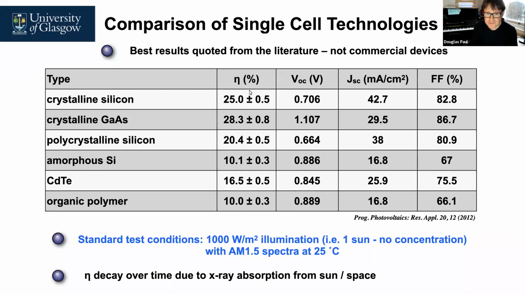So silicon has a conversion efficiency of about 25%. So remember our 1000 watts per meter squared. With 25% conversion efficiency, it means that we get 250 watts for a meter square of silicon. So, if you look at Glasgow, now this is the peak power.